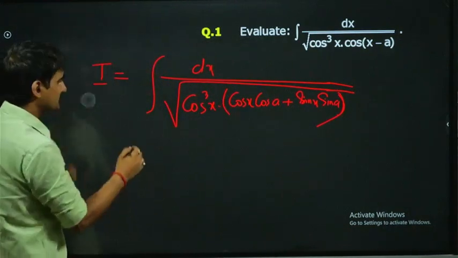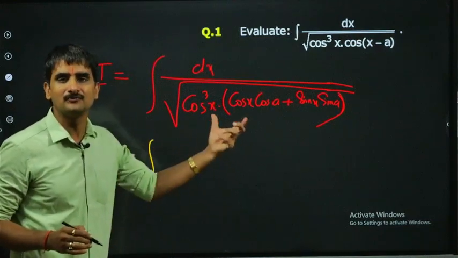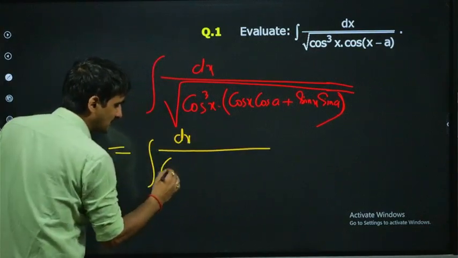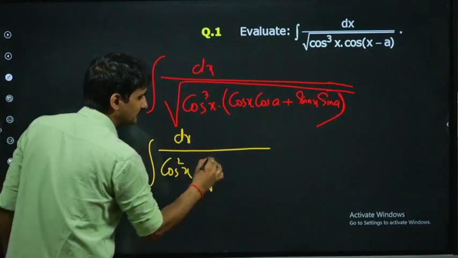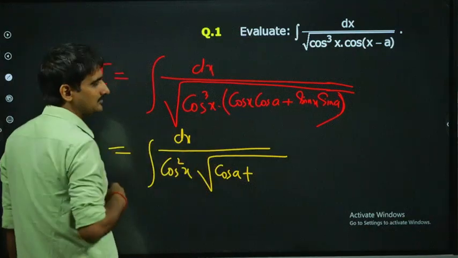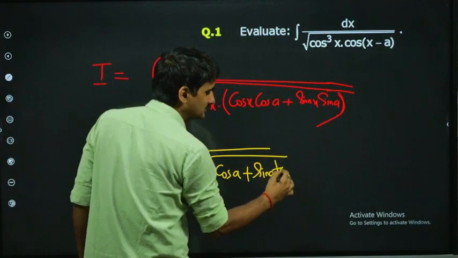Now see, if I take cos raised to the power 4 common from the denominator, what you will have is cos square x out of the square root. Here you will be left with cos a, and there you will be left with sin a into sin x by cos x, which is tan x.